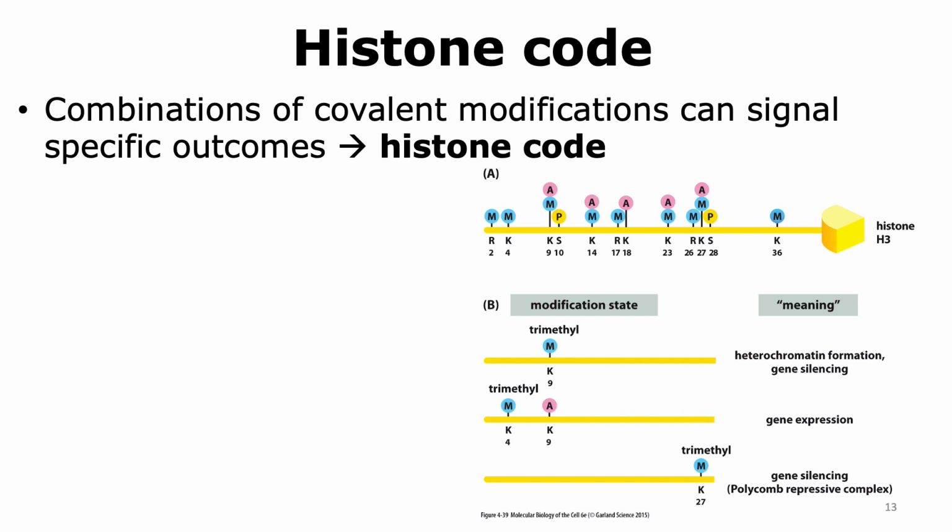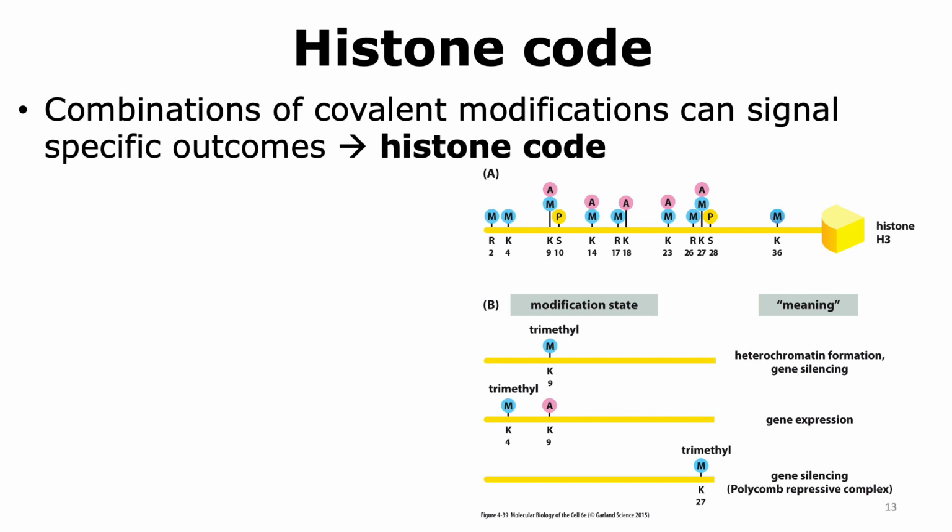When we look at the circles that have a color associated with them, M stands for methylation, A stands for acetylation, and P stands for phosphorylation. So in figure A, we are shown the possible covalent modifications that can happen in histone H3 and the location of the amino acids where these modifications can occur.